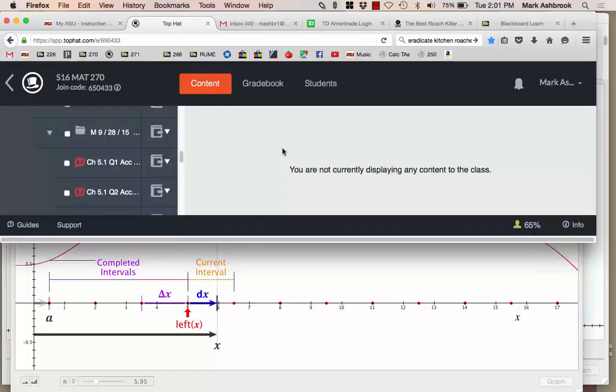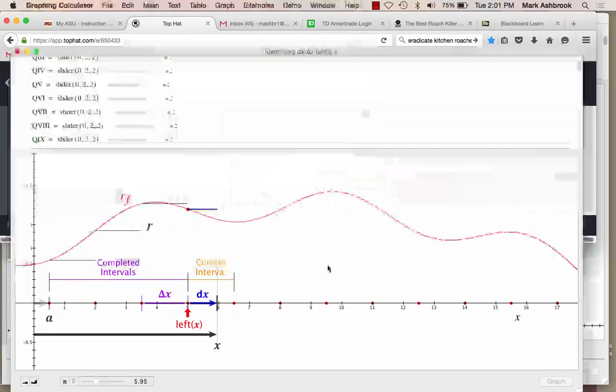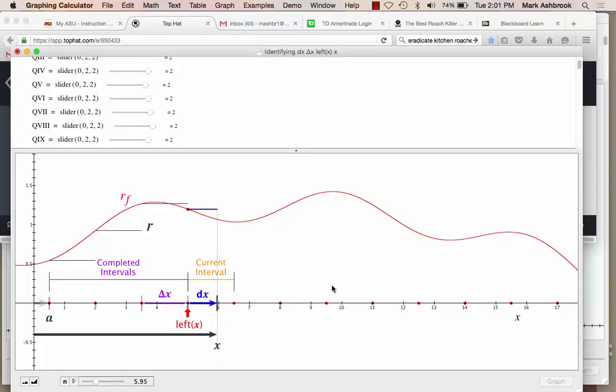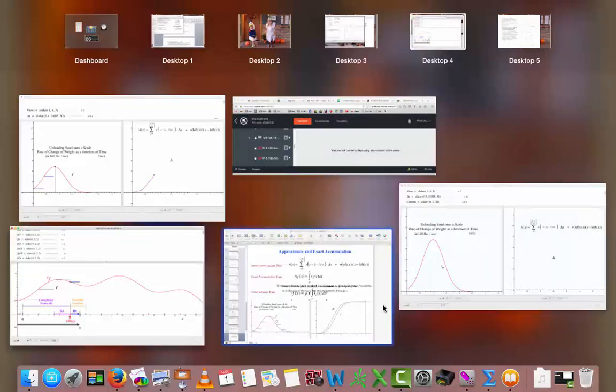Next. All this stuff was our building blocks for the approximate accumulation function. This all was involved in building the approximate rate function, and from the approximate rate function, we built the approximate accumulation function.